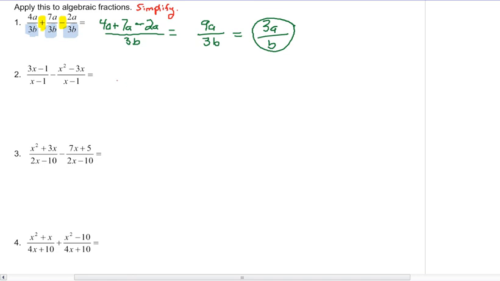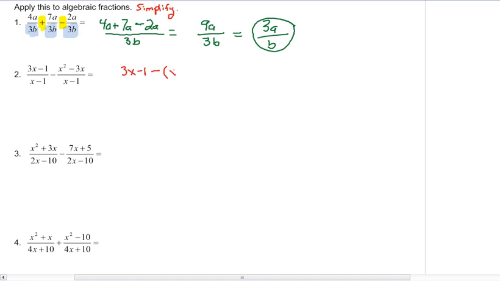Starting here though, we need to be very sure that when we subtract stuff, we stick it in parentheses to group it all together. So 3x minus 1, that's from the first fraction. And then minus, always, always, always make sure you distribute your negative, so put it in parentheses.